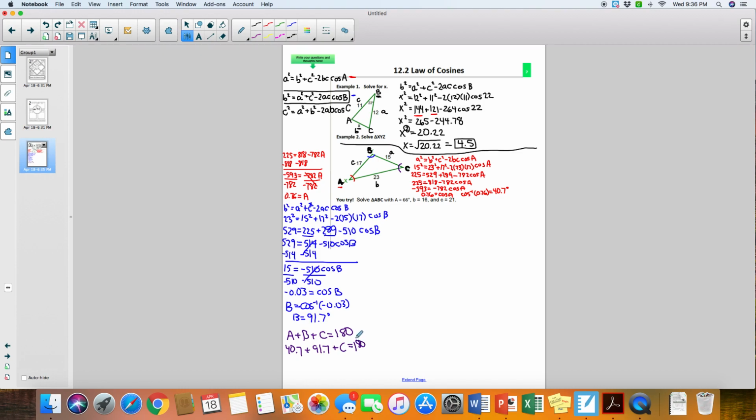So I would combine my like terms, so 40.7 plus 91.7 would give me 132.4. So 132.4 plus C equals 180. Then I would solve for C by subtracting the 132.4 on both sides.